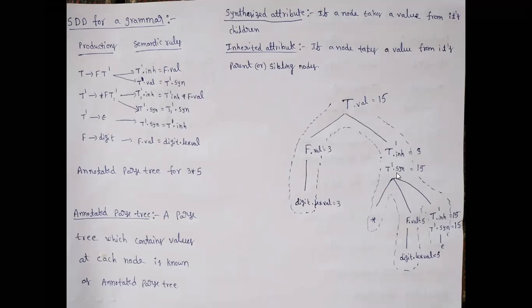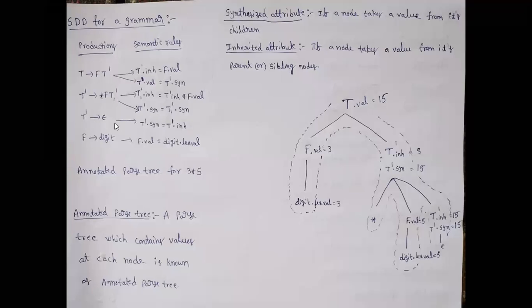So how to convert this one? So T dash we are having two productions. So here T dash is star F T1 dash, and T dash produces epsilon. So we are using T dash produces epsilon. Then what is our expression? 3 star 5. So star 5 is not obtained if we consider T dash produces epsilon.